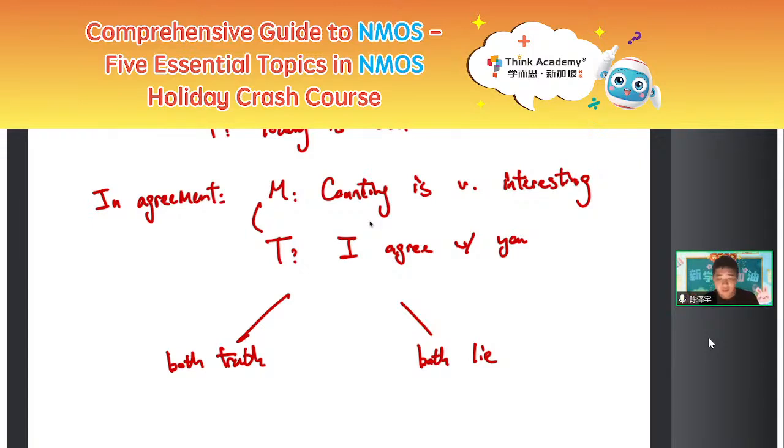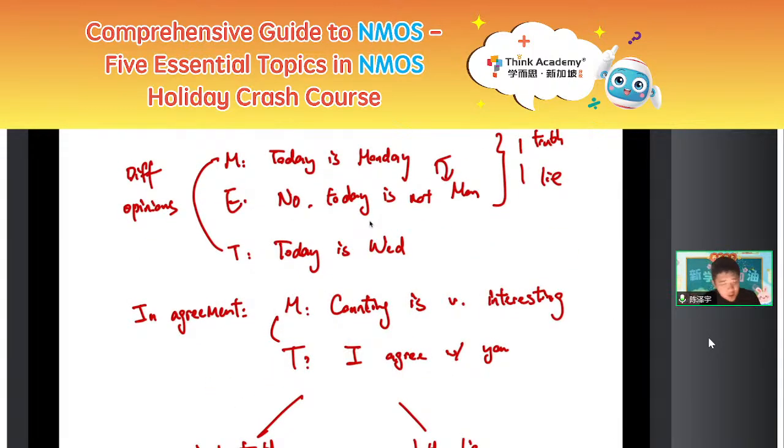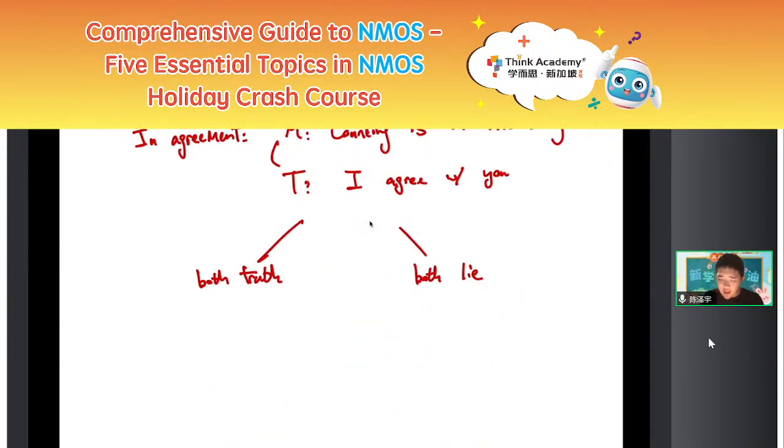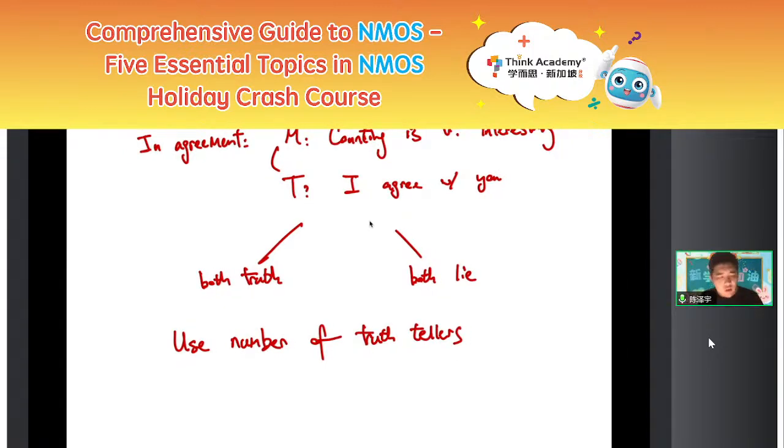So whenever you can find out contradiction or agreement, you can then use the number of truth tellers to find out who is actually telling the truth and who is not. Okay. All right. Now this is called contradiction and agreement.